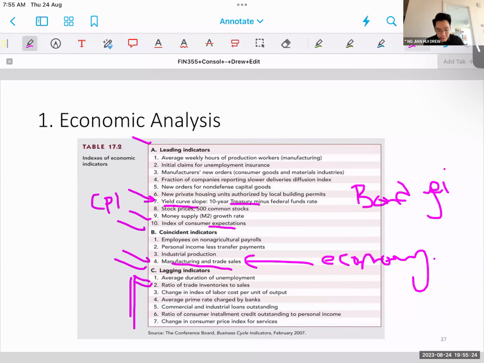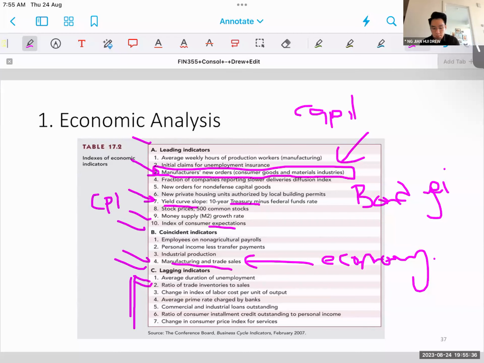Manufacturing. Okay, this one we also look at quite often: manufacturing new orders. This is especially for the capital goods industry, which could include things like the shipping industry, where there's a lot of capital requirement. Usually they publish this kind of order, they call it the order book for the company.